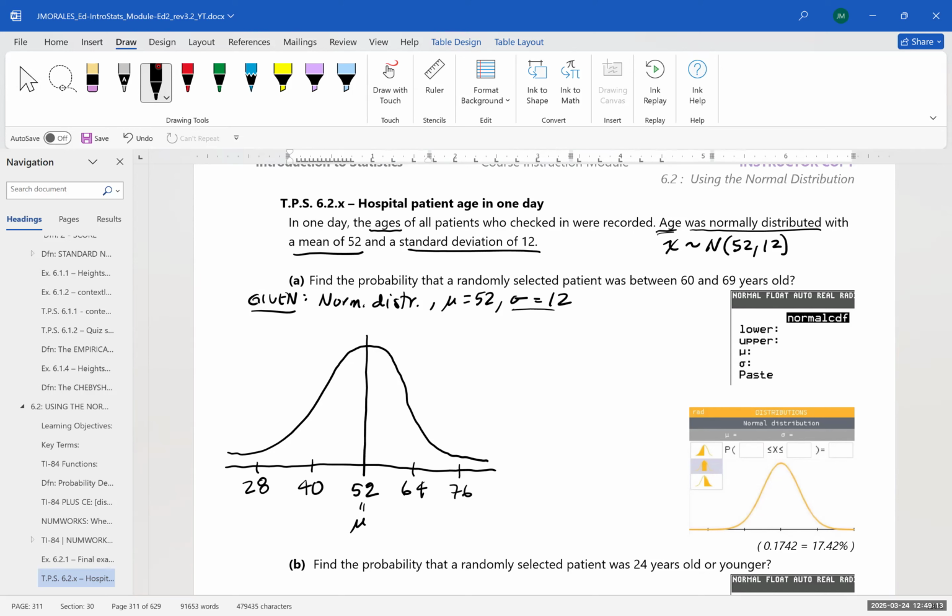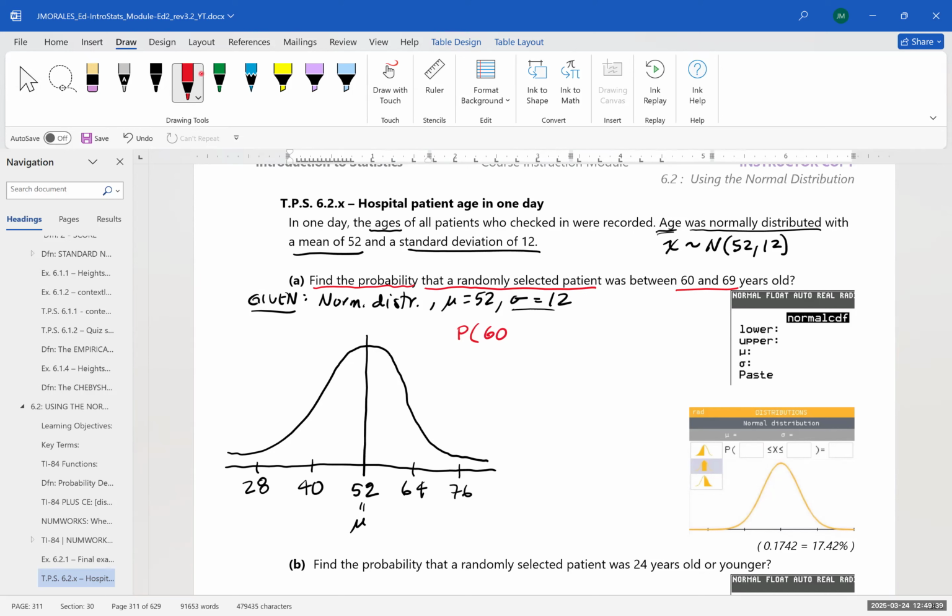All right. Now, let's see where we stand on this. So find the probability that a randomly selected patient has an age between 60 and 69. Actually, I need to put that X in a different place.